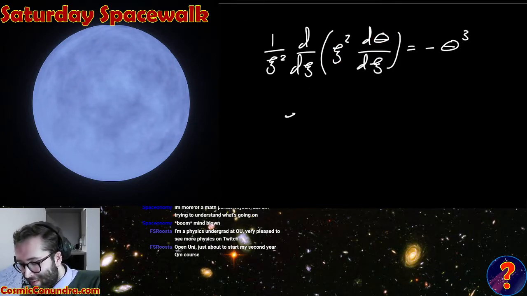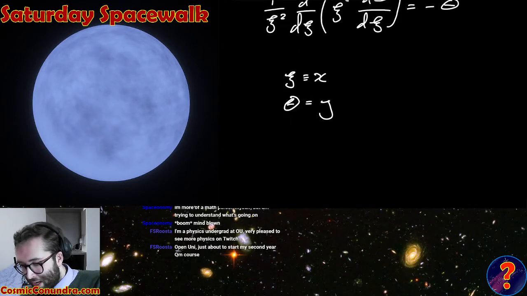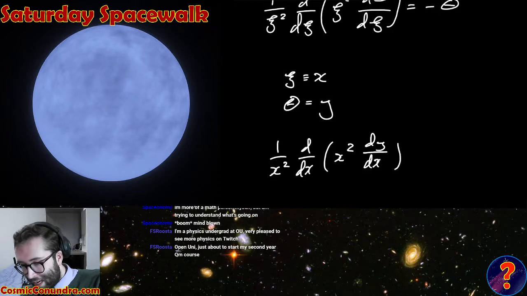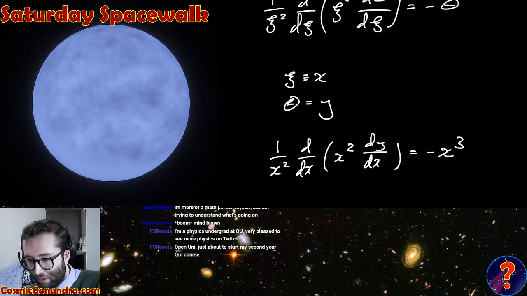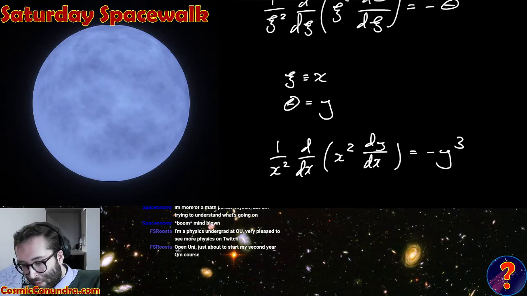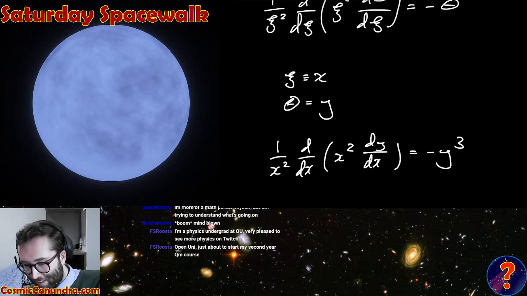So I'm going to rewrite psi as x, and I'm going to rewrite theta as y. So now my differential equation is just 1 over x squared d/dx of x squared dy/dx is equal to minus y cubed, which is a lot more comfortable to see in terms of x and y's when you're thinking about differential equations.